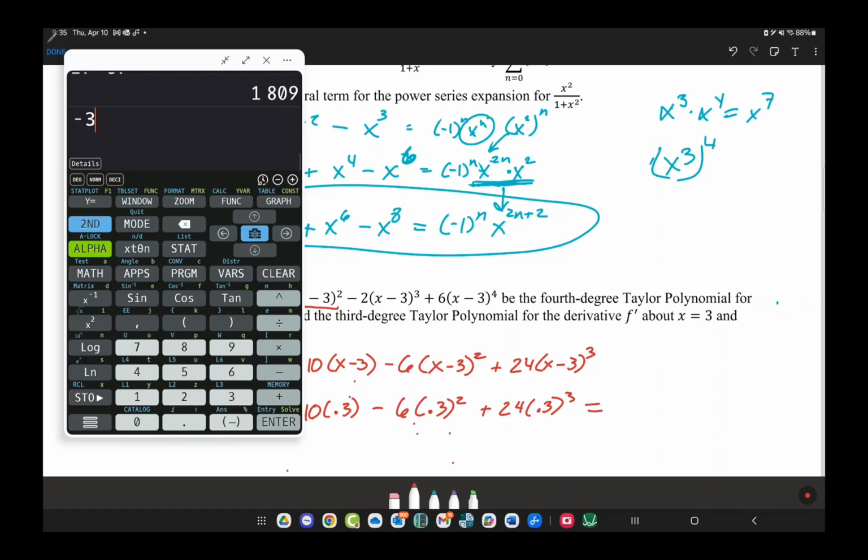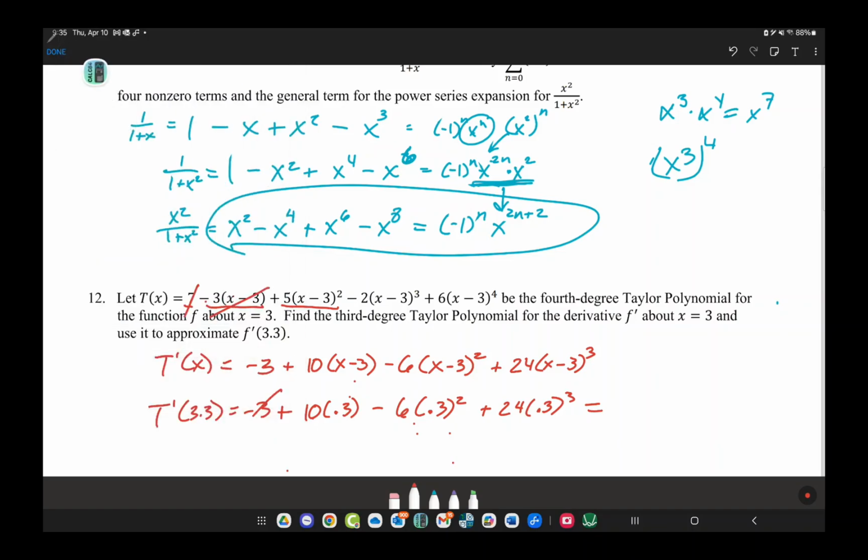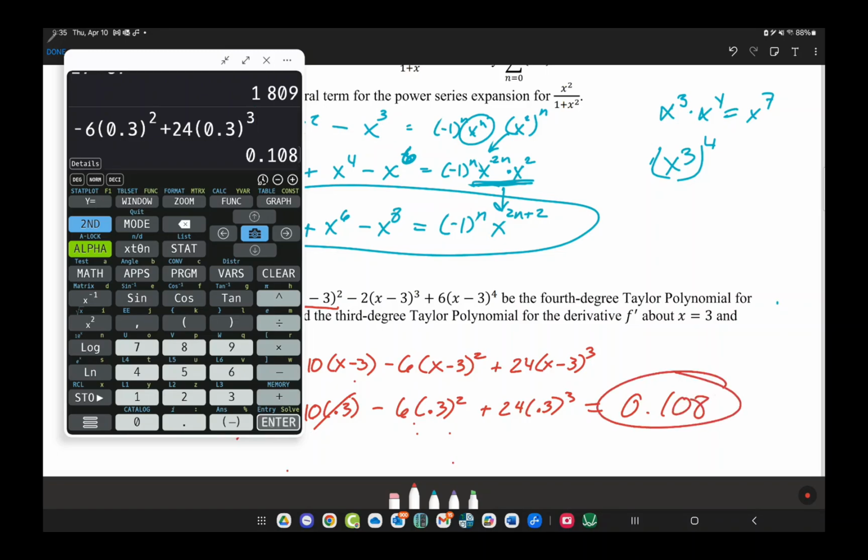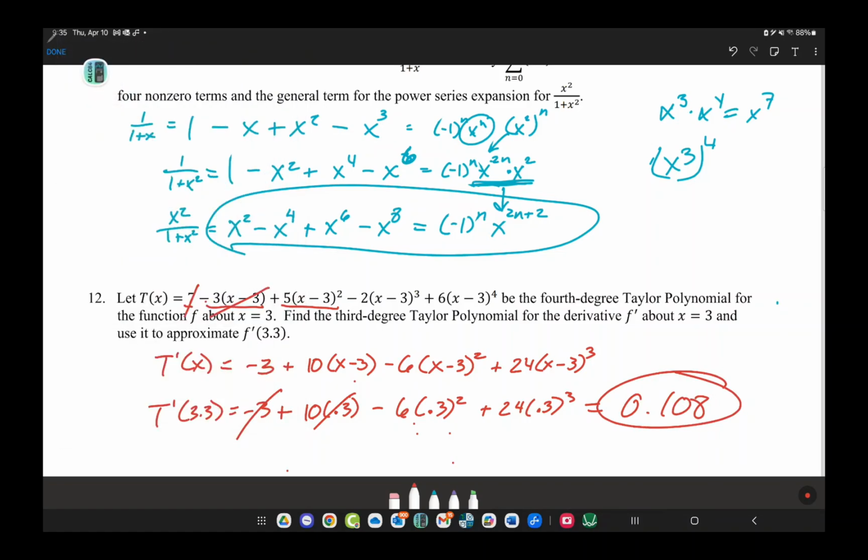Negative 3 plus 3. Basically, that first would just cancel out, wouldn't it? So that's gone. It's nice to clear that. So negative 6 times 0.3 squared plus 24 times 0.3 to the fourth. No, to the third. 0.108. And that is the answer.